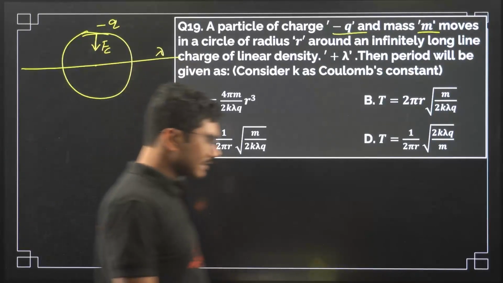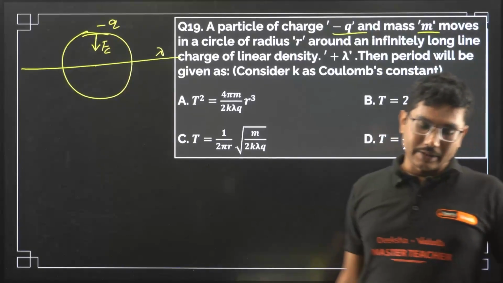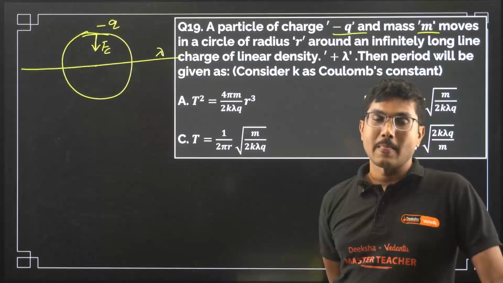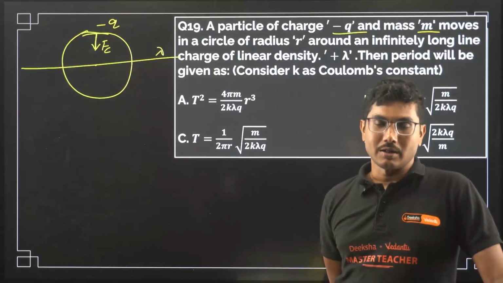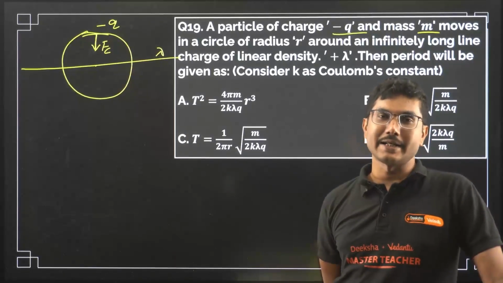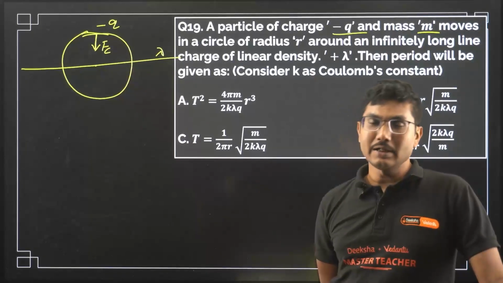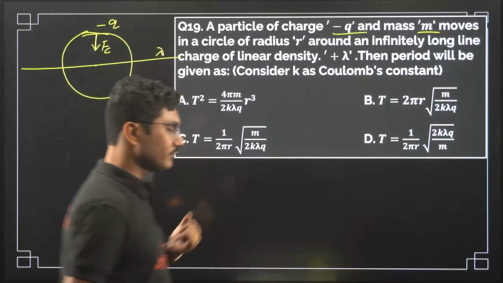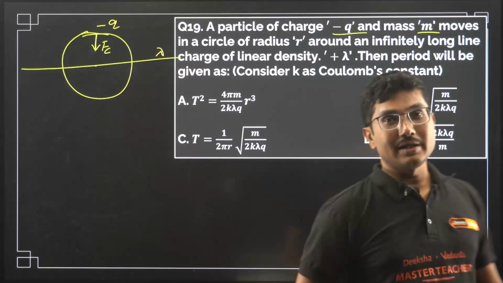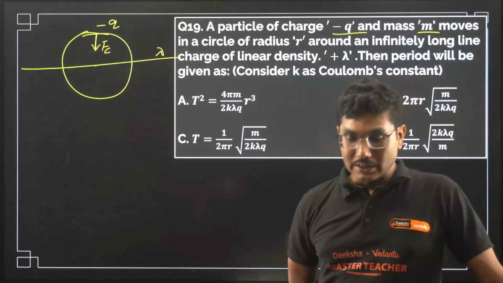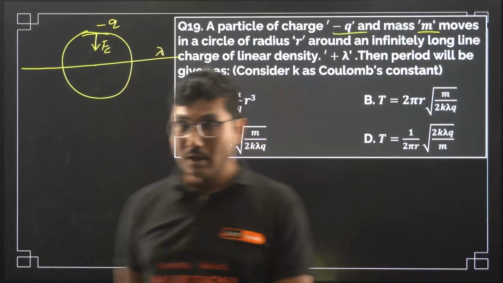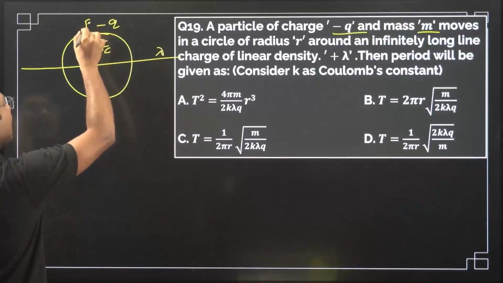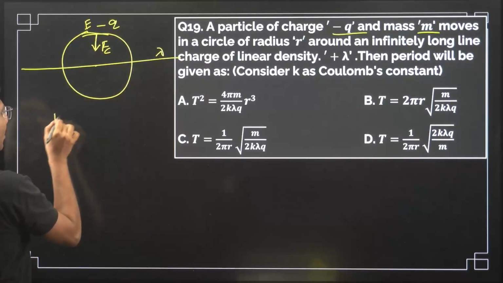Whenever something is rotating, it requires a centripetal force, and some external thing has to provide that centripetal force. Mostly it is forces at a distance, for example electromagnetic force or gravitational force. They generally tend to provide the required centripetal force. So in this case, what is the electric field over here? Say E. Then what is the centripetal force required?